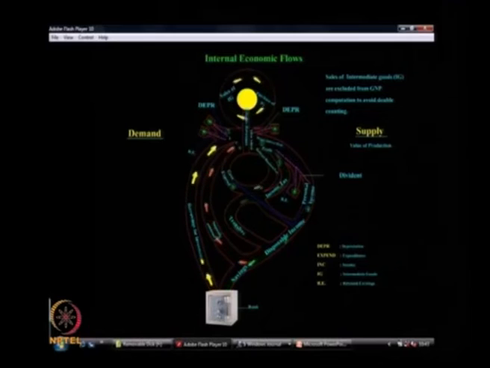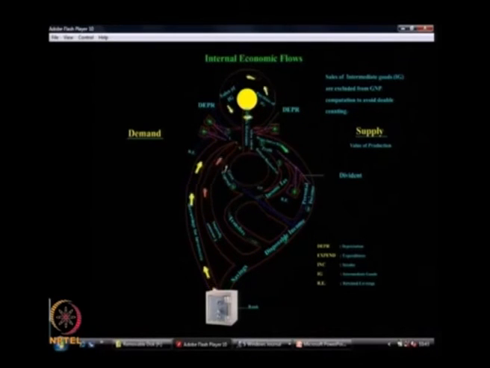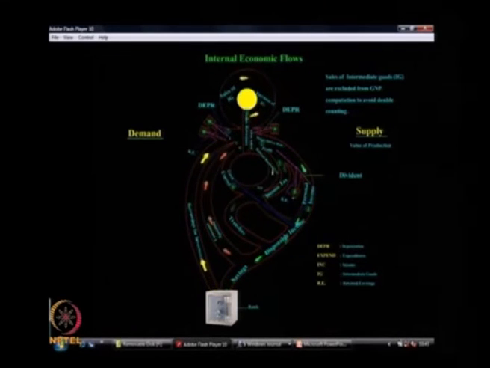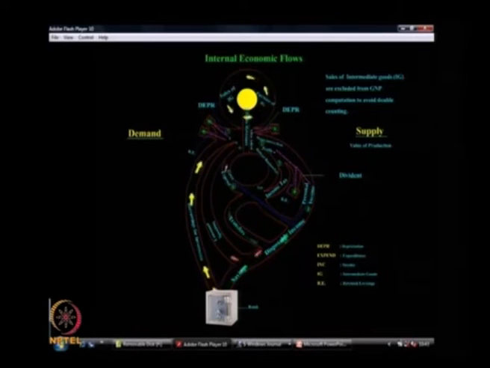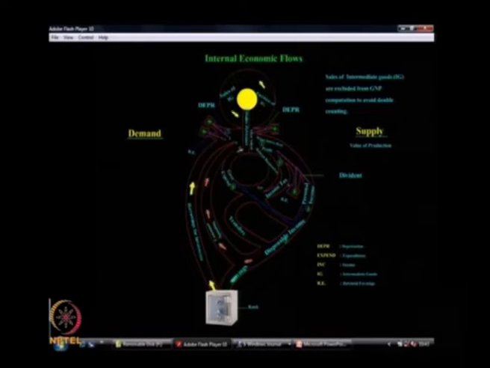The wage and rent get into the personal income, or also into RE here, which is the retained earnings, and the profit that the firm gets is distributed.